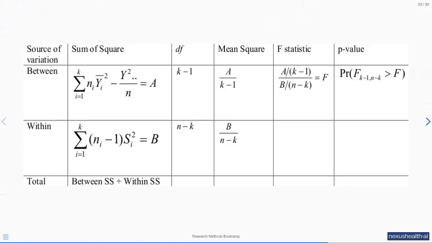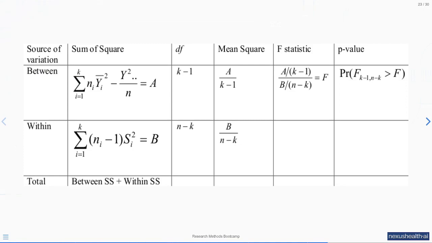So the degree of freedom for the between sum of squares is given to us by k minus 1, where k is the number of groups. And then within is given to us by n minus k, where n is the total number of observations.